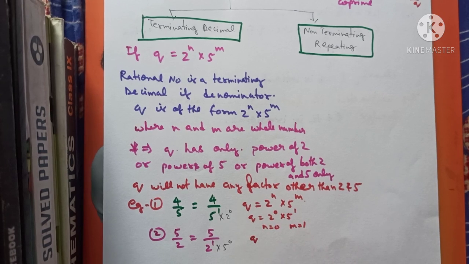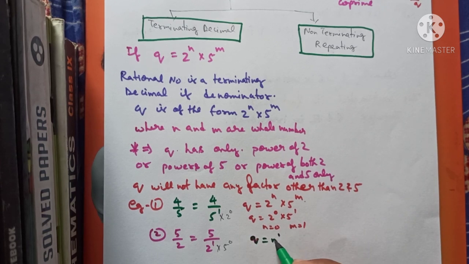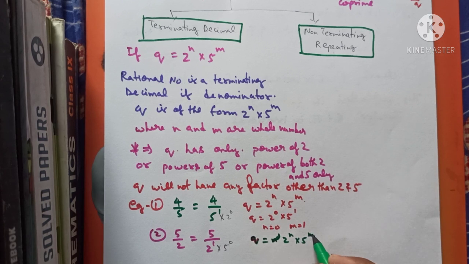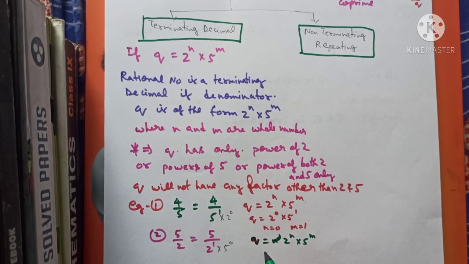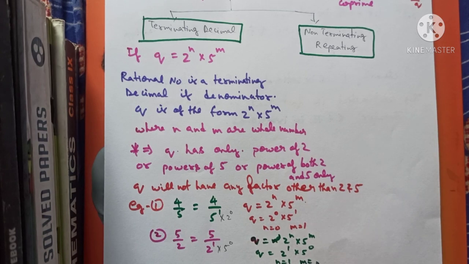So in this case also, q is of the form 2 raised to the power n into 5 raised to power m. That is, denominator q is of the form 2 raised to the power 1 into 5 raised to power 0. Here the value of n is equal to 1 and m is equal to 0.